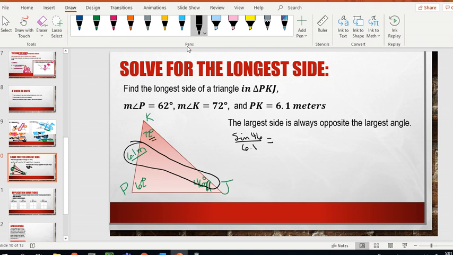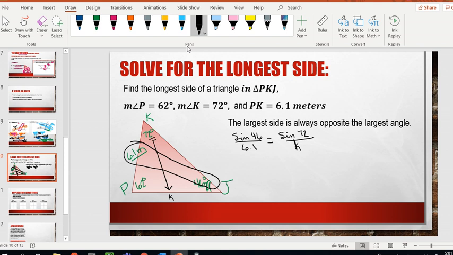Okay, 72 is my largest angle, so I need to know side K. I'm going to go with little k. That's little k over there, not capital K. So I'm going to have sine of 72 over little side k.